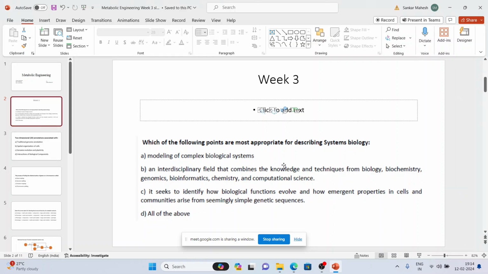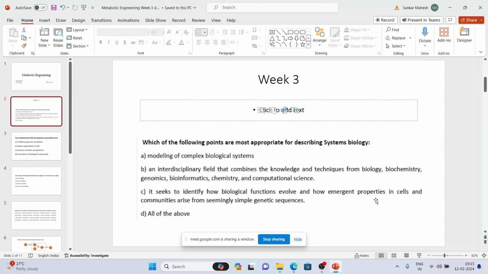So the first question is, which of the following points are most appropriate for describing systems biology? Option A, modeling of complex biological systems. Option B, an interdisciplinary field that combines the knowledge and techniques from biology, biochemistry, genomics, bioinformatics, chemistry, and computational science.